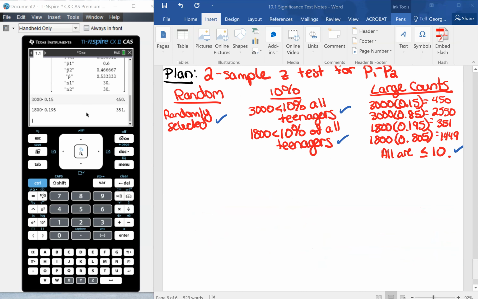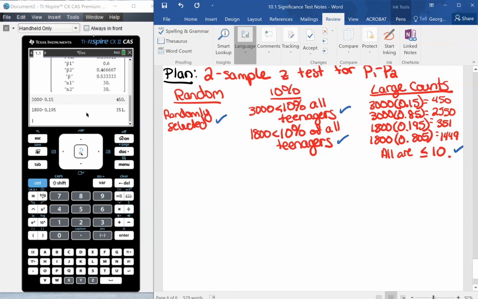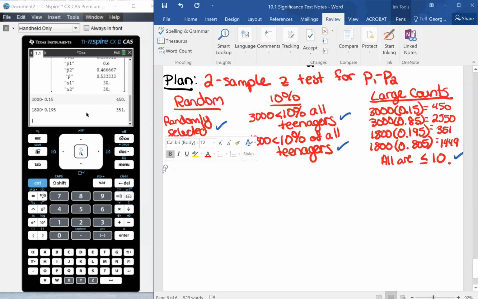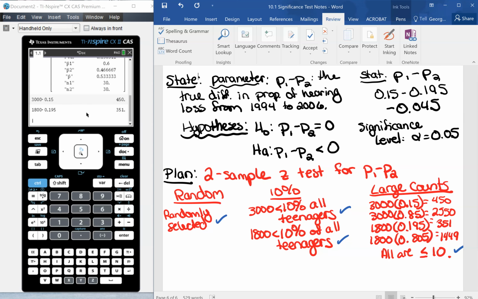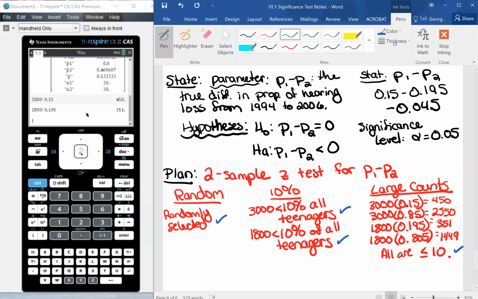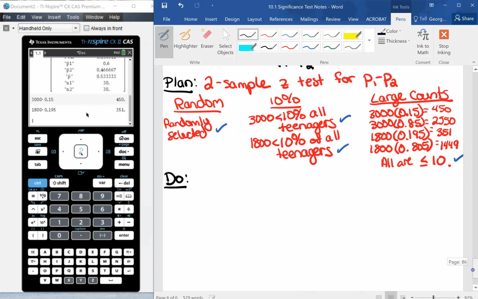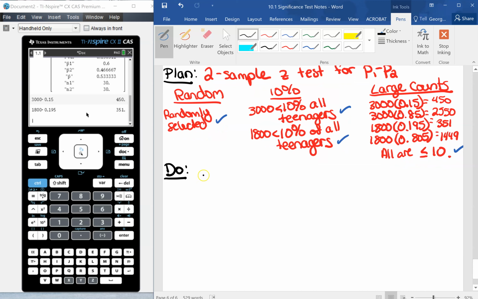All right, so we've done our state and our plan, so now we need to jump to our do. Our mean is P1 minus P2. That's going to give us 0.